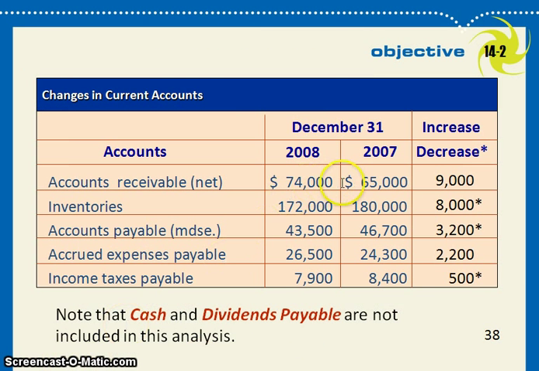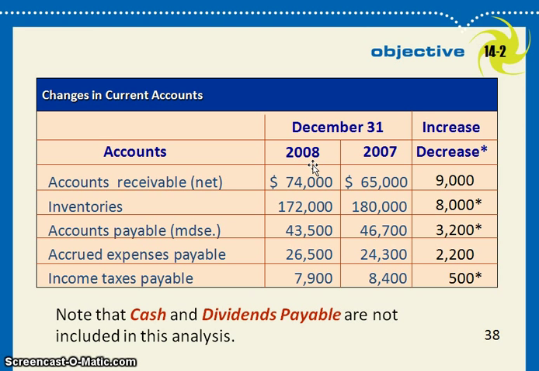All right, so let's look at each one of these in turn. And this is from that information, that first couple of slides that I've given you. In 2007, we had $65,000 worth of accounts receivables. In 2008, we had $74,000 worth of accounts receivables. Now looking at this from a cash perspective, this is where you're going to have to get your head around this. If we've got an increase in accounts receivables from one year to another, what does that mean?